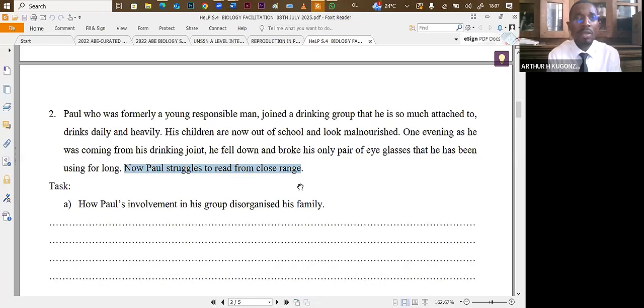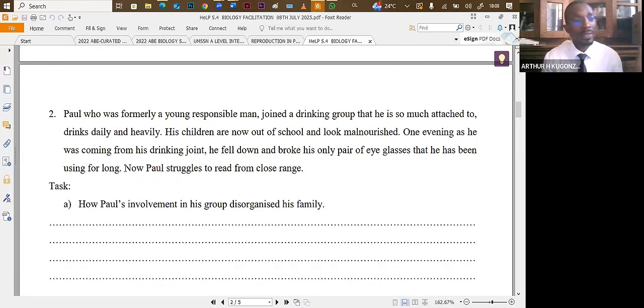Maybe yes, maybe no. But the interpretation here is that if Paul struggles to read from close range, it simply means he is long-sighted. But other people can interpret that he is short-sighted, because struggling, in local language, means that if a person is struggling to see nearby things, then those at a distance he cannot easily read either.